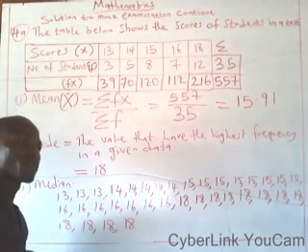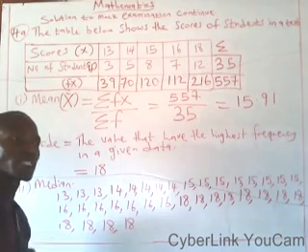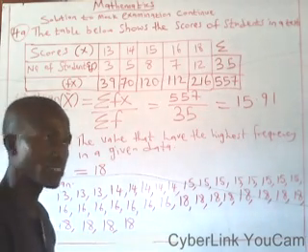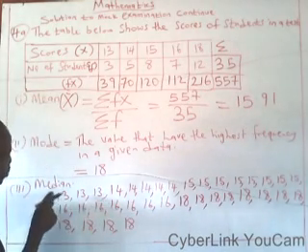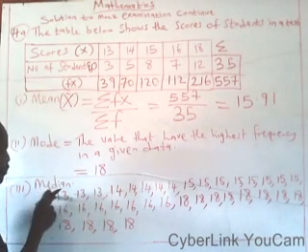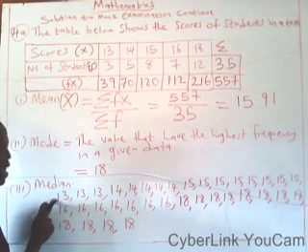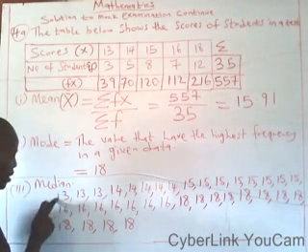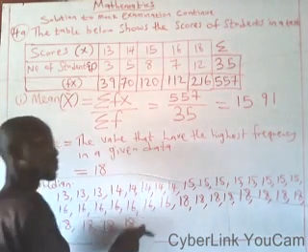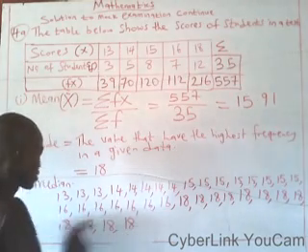If we say 30 divided by 2, it will give us 15. Now we are going to count 15 from the beginning and stop wherever we are. And then we also count 15 from the back.